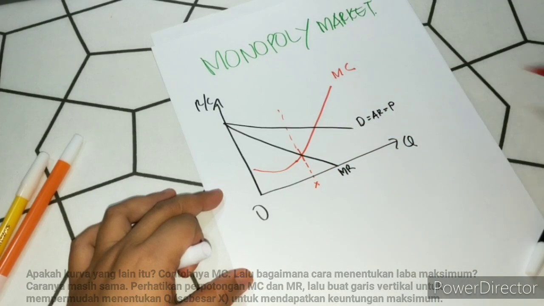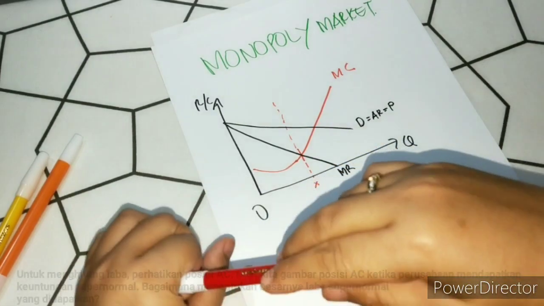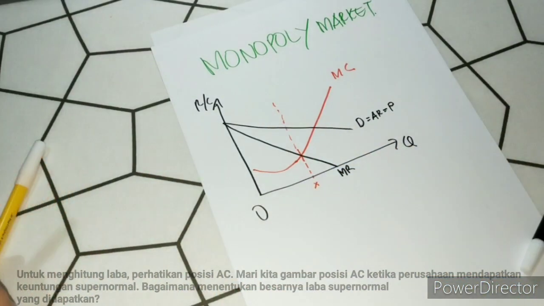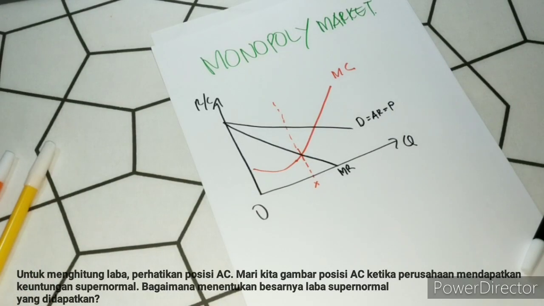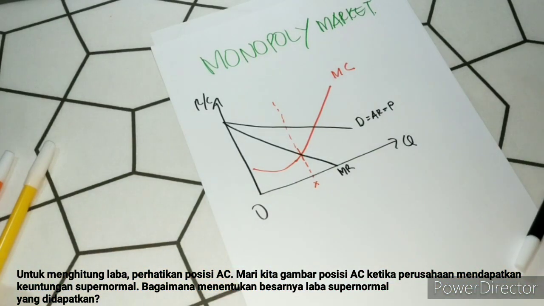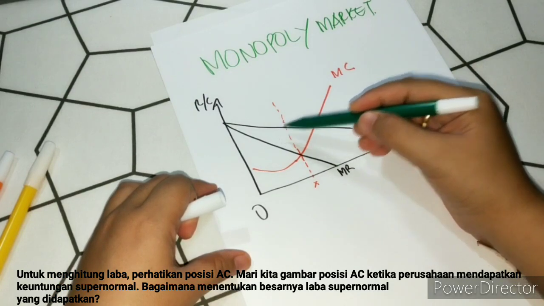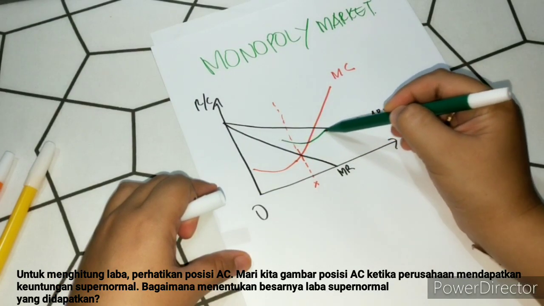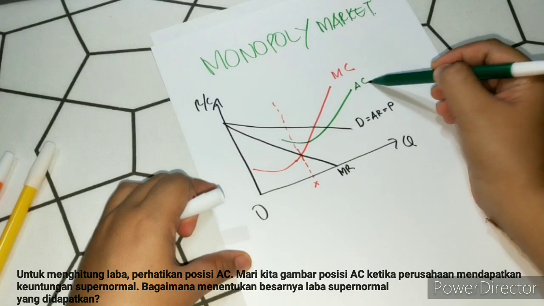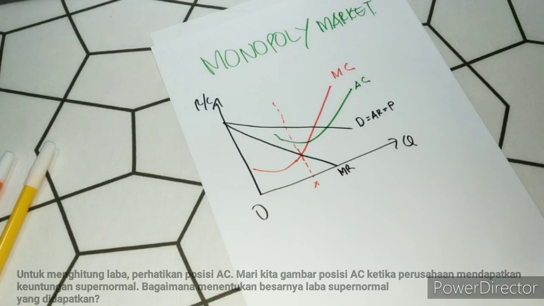And how do we calculate the profit here? To calculate the profit, you have to know first where the position of the average cost is. Let's draw the position of the average cost when you get the supernormal profit. I will draw it like this. This is the average cost here. So how do we determine how much supernormal profit you get?